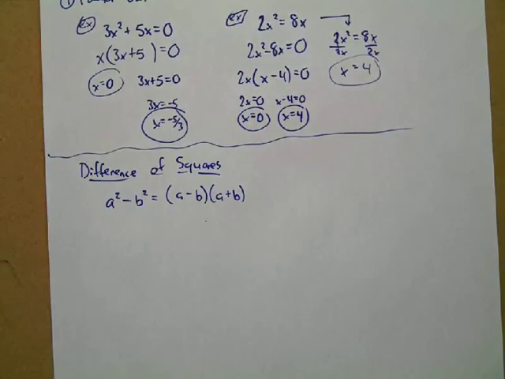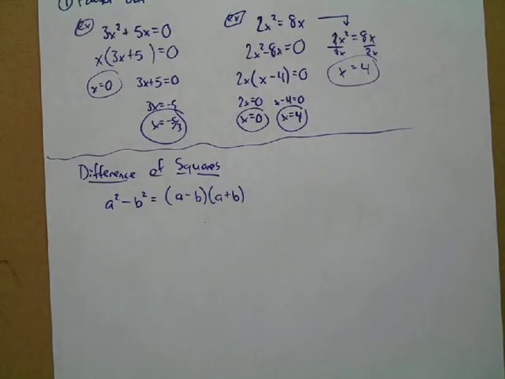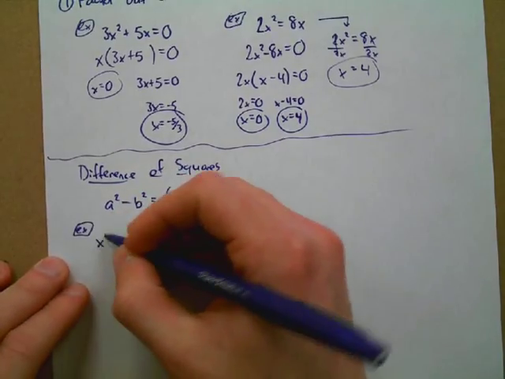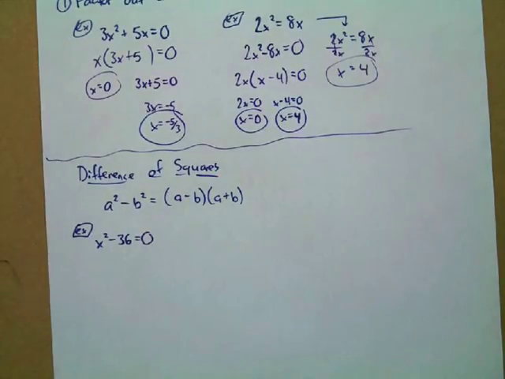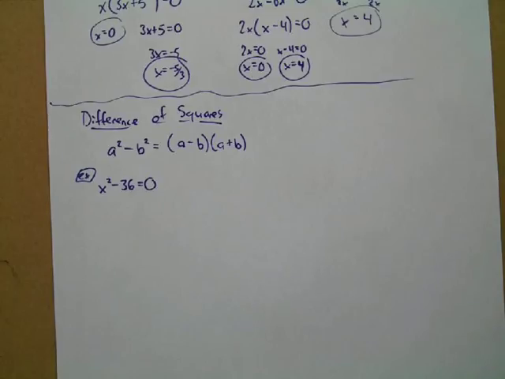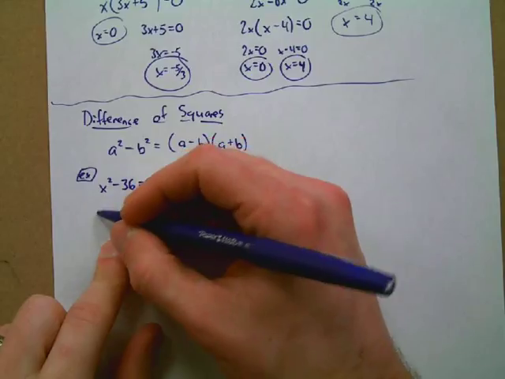Difference of squares. So we can take something like x squared minus 36 equal to 0. There's no GCF, right? But it is a difference of squares. x is a perfect square, 36 is a perfect square, and so if you want me to make this a little bit more obvious here, x is like our a, and the 6 is like our b in this case.